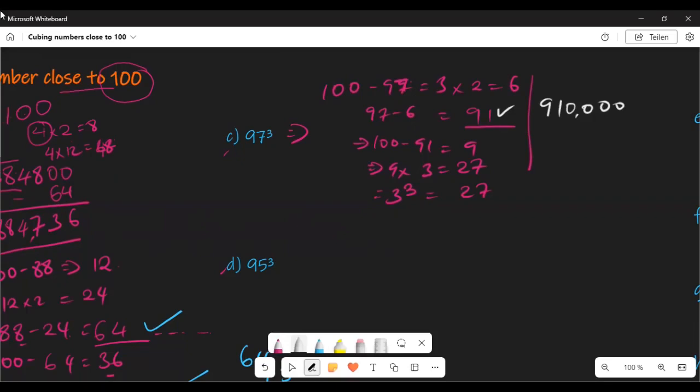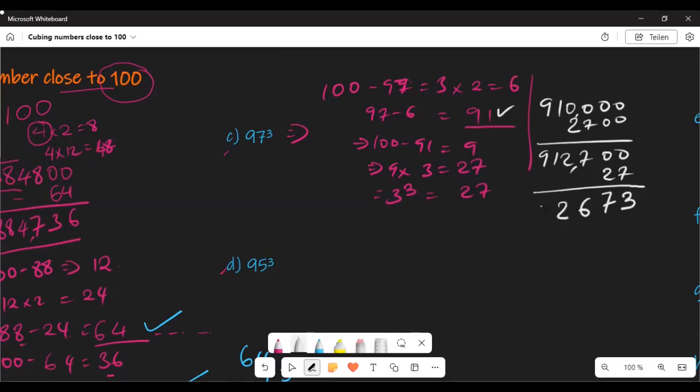And then plus 27,000. So we have 92700, and then minus 27. Yeah, so what we have here is we have 3, we have 7, and then we have 6. So we have 219 as the answer.